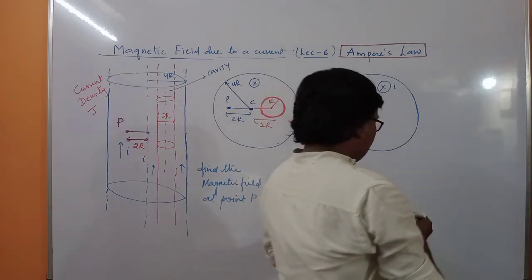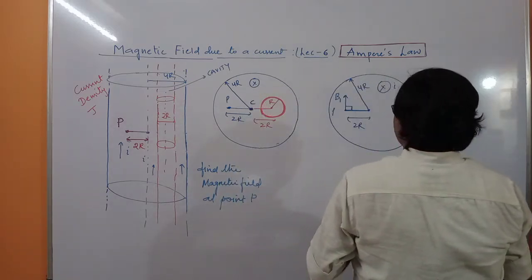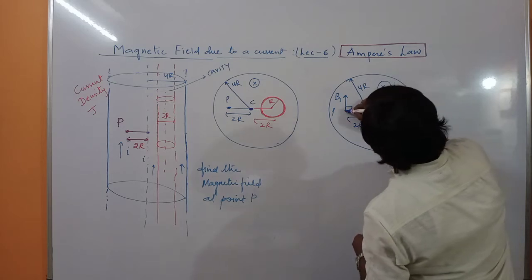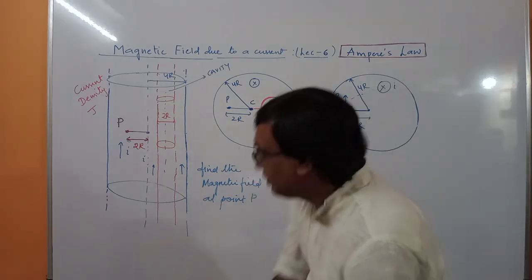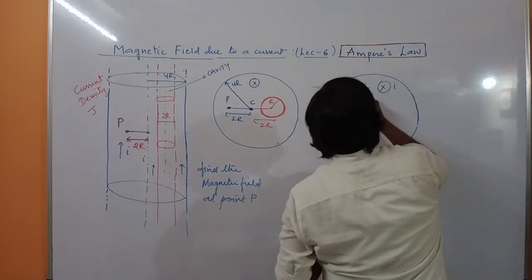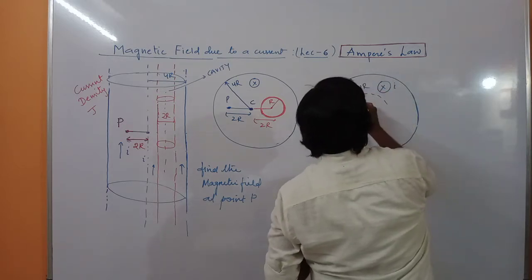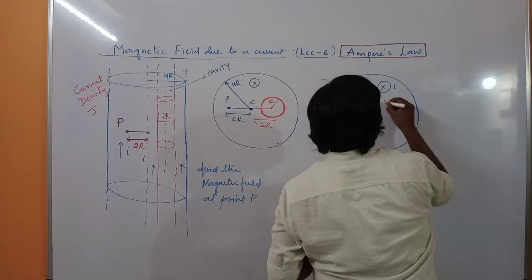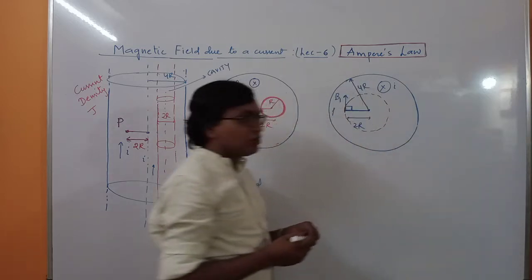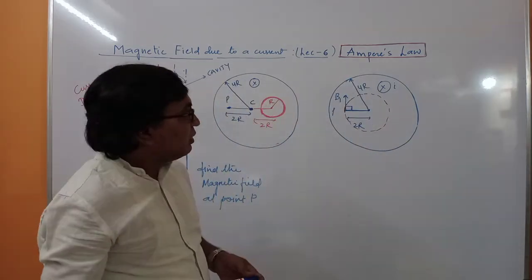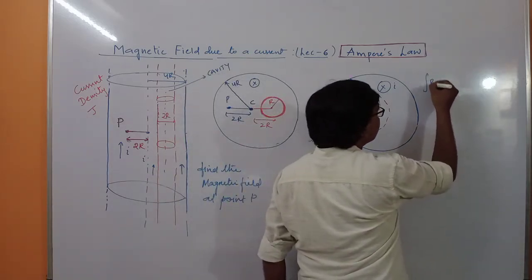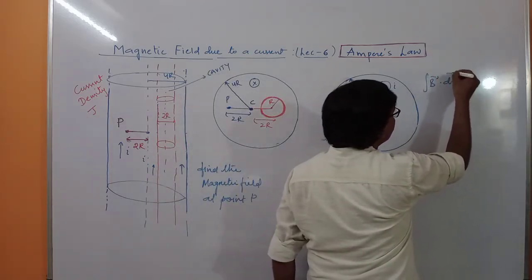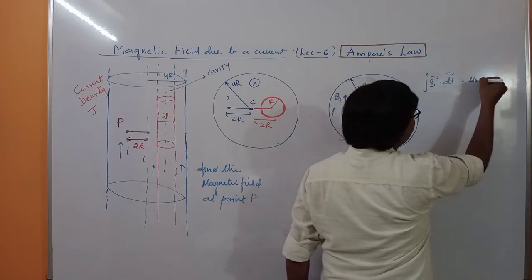Yes. Then let us take an Ampere's loop passing through this point P. So this will be the Ampere's loop. Now integral B dl is equal to mu naught I inside.